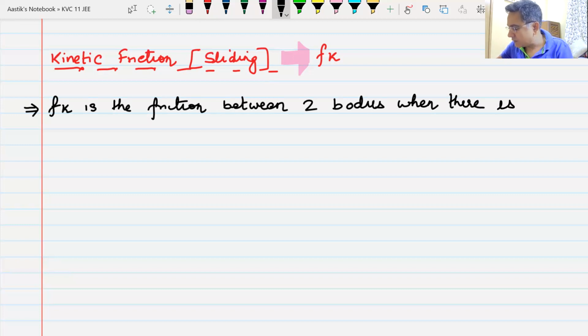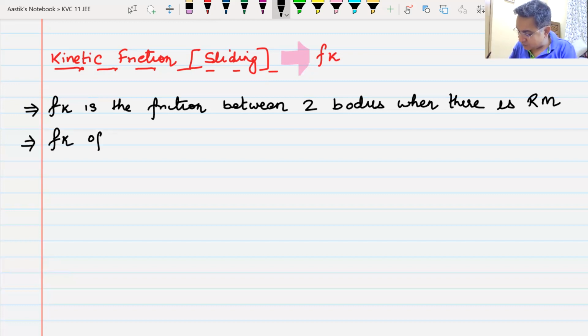When there is relative motion between the two bodies, and by relative motion we mean that the bodies are sliding over each other, the friction between the two bodies is known as kinetic friction. What does kinetic friction do?